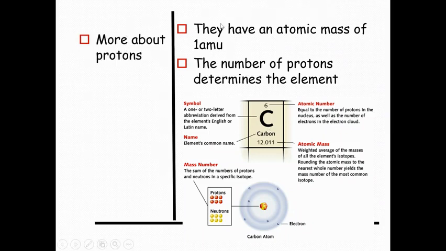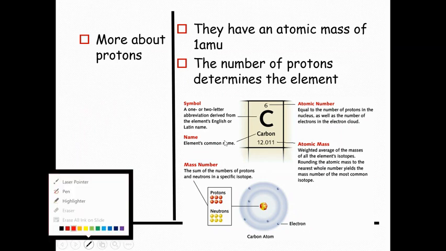So more about protons. Protons have an atomic mass of 1 AMU. And as we said earlier, the number of protons determines the element. So if you look at the symbol, this is what I was talking about a little bit earlier. Above that is what's called the atomic number.